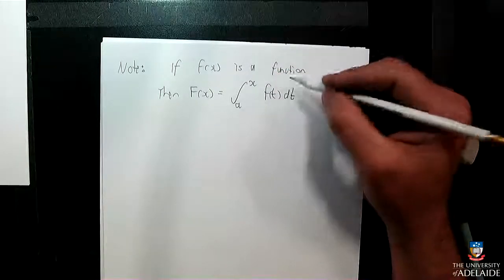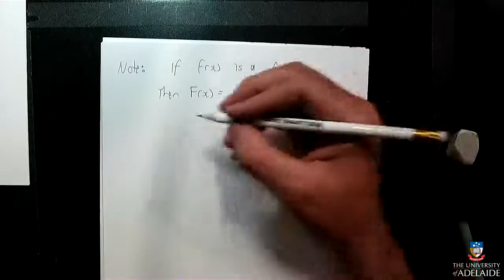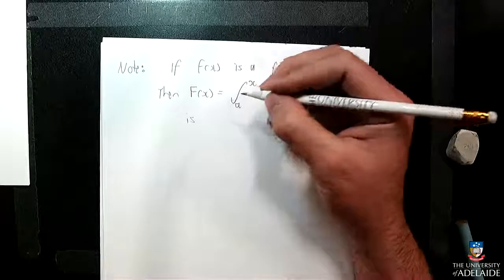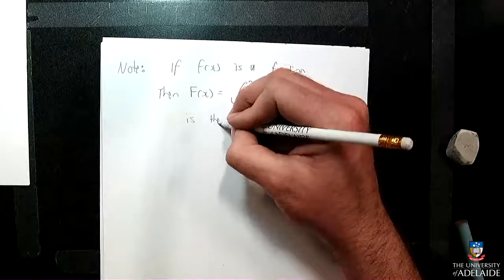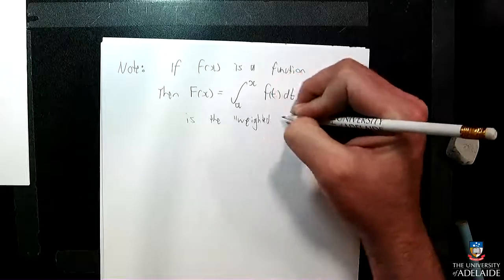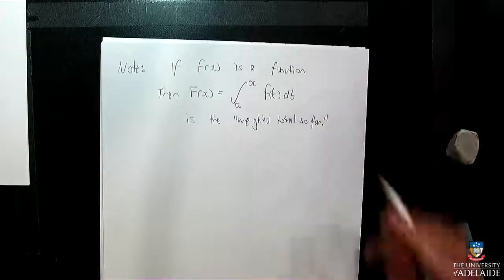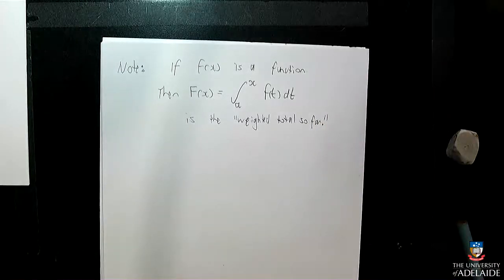So if I do a definite integral from one place to another, then what this is, as I know, is the weighted total so far, starting at a. But that's the idea there. So, here's the idea.